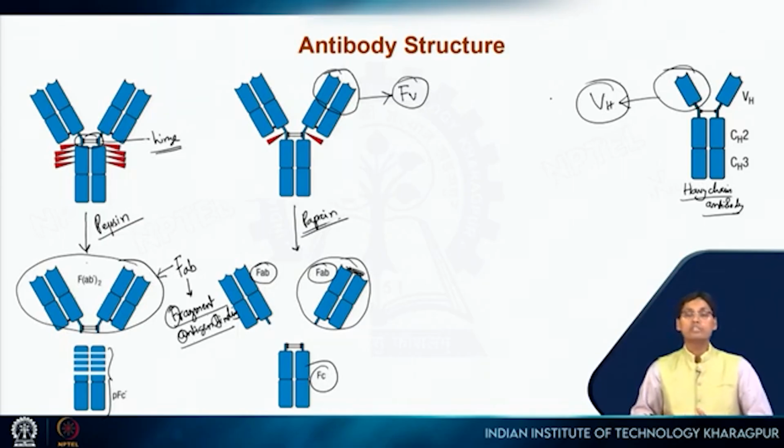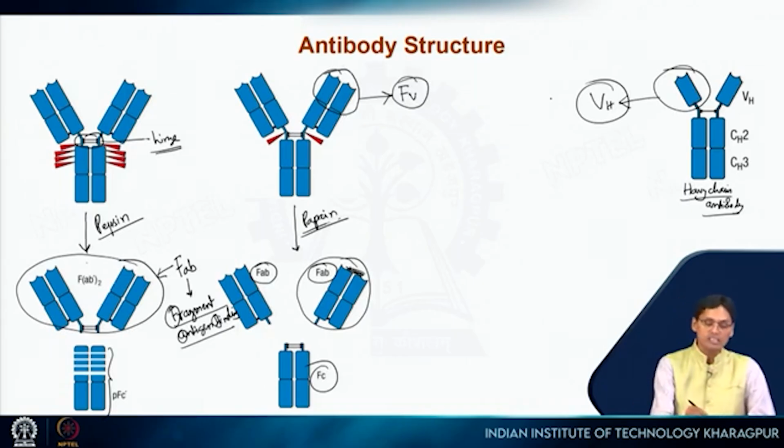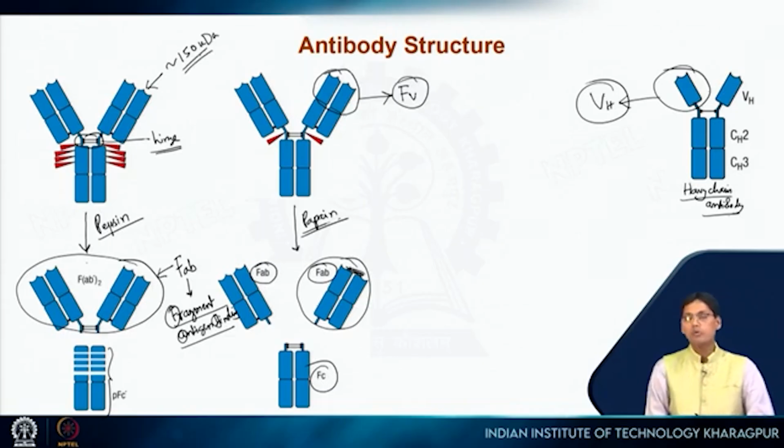Why am I telling you? Because antibodies are now being used for different immunotherapeutic purposes, and sometimes we try to make antibodies in a very small size, because the conventional antibody is really big. Overall molecular weight is approximately 150 kilodaltons.